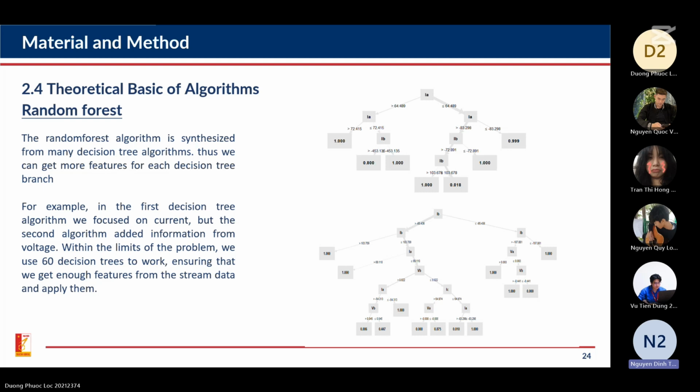For example, in the first decision tree algorithm, we focus on current, but the second algorithm adds the information from the voltage. Within the limits of the problem, we use 60 decision trees to work, ensuring that we get enough features from the stream data and apply them.